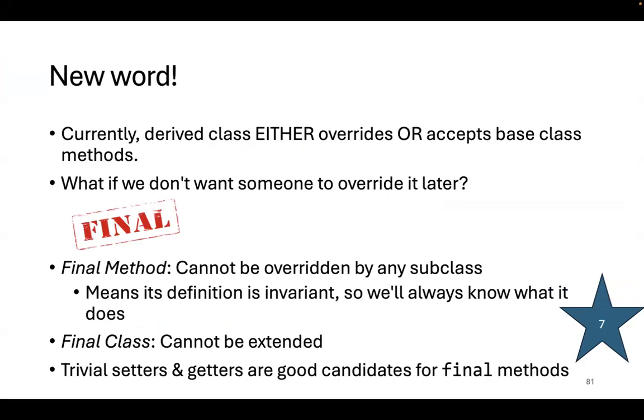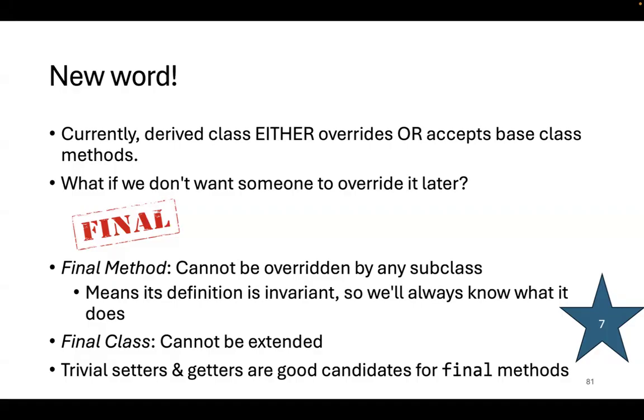So another option is final, where currently either our derived class overrides something or it accepts it unchanged. But there could be a possibility where we don't want someone to override it later. We're going to have a shape hierarchy, and a shape is going to have, let's see, semi-perimeter, where a semi-perimeter is just half of the perimeter. And we know what semi-perimeter is going to be.